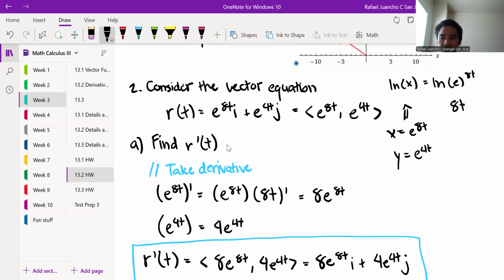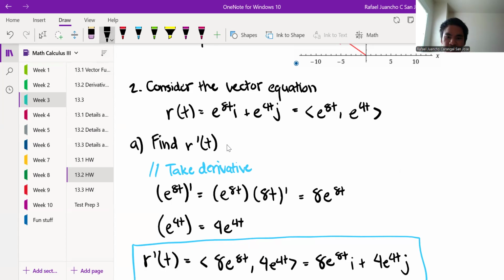I would get 8t equals ln x. And then I would just divide it by 8. So 1/8 ln x. And then I would plug that in here. But again, it's a complicated function, so I wouldn't really do it that way. Yeah, I could, and I would graph that thing. But I don't really need to.